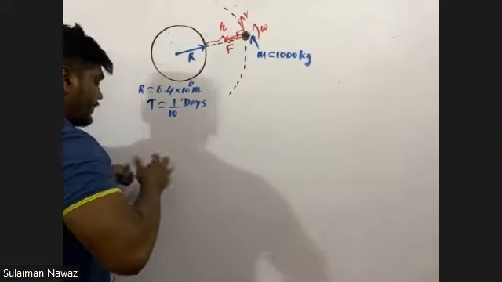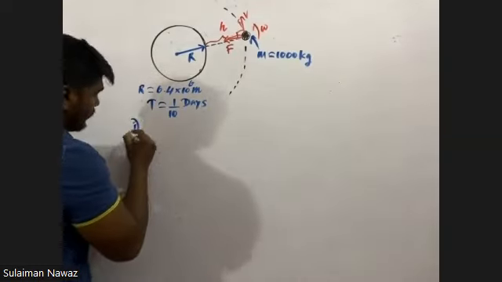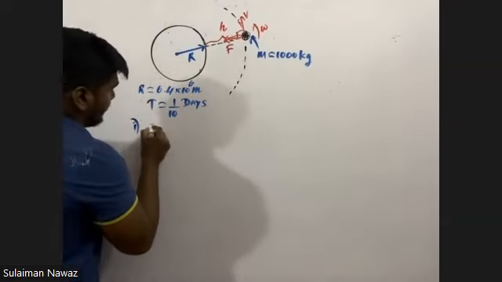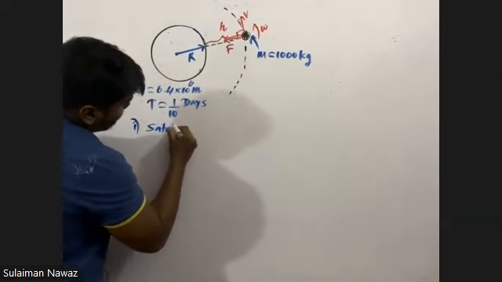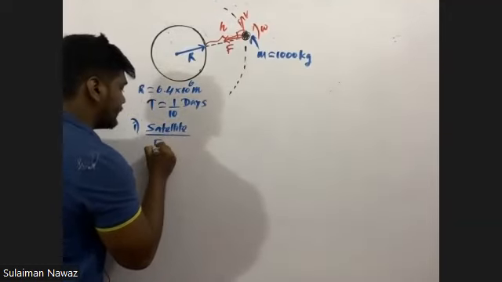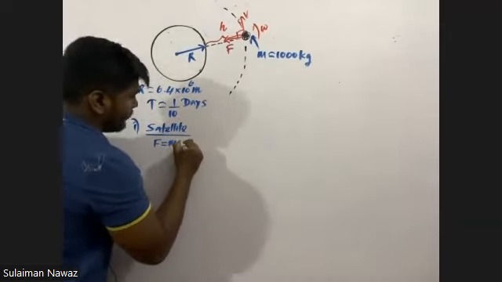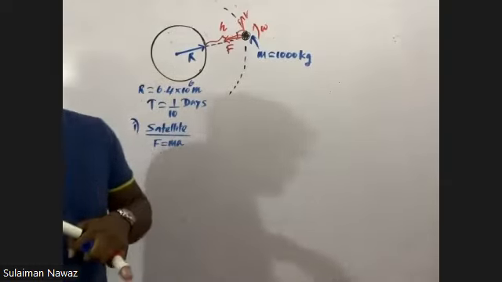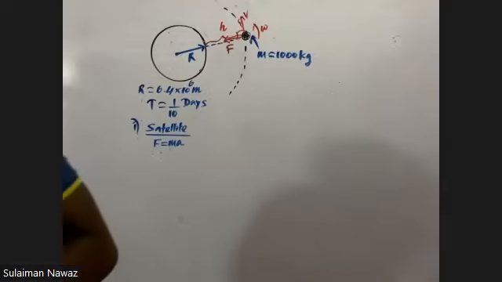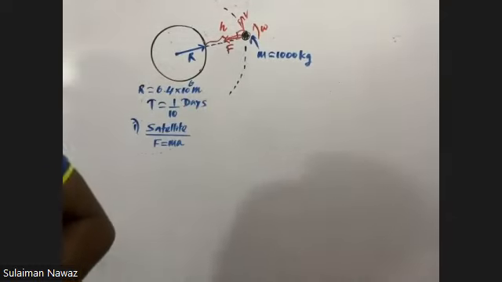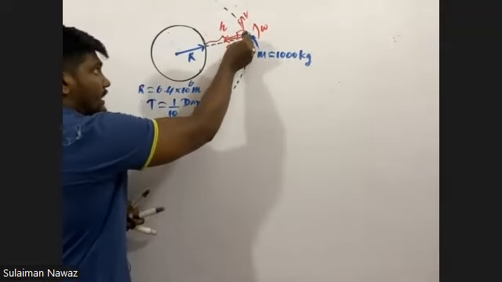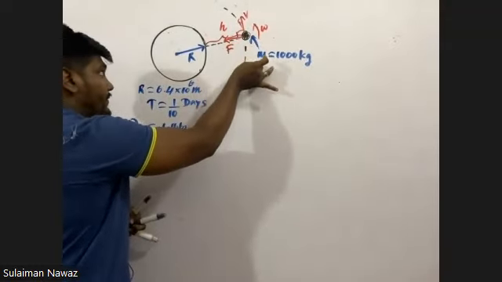If I apply F equals ma to the center, then what is my capital F? My capital F will be the gravitational force. The mass of the satellite is small m.